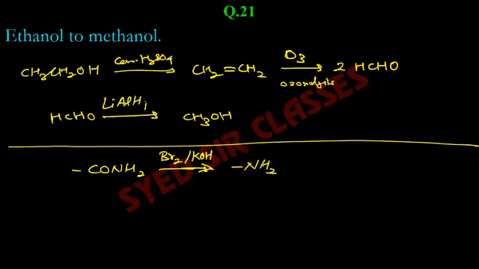You can convert amide to amine by reacting it with Br2 and KOH, bromine water. So you need to remember that. That is one way to reduce the carbon. How we use that here, I am going to tell you.